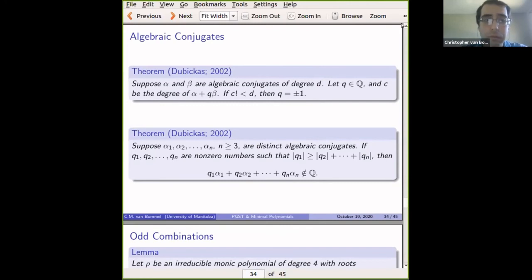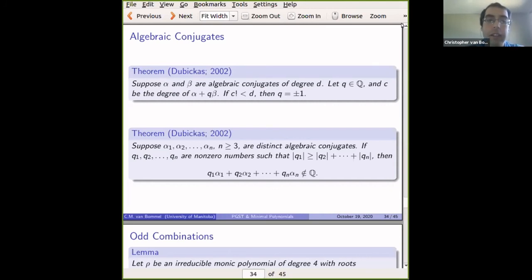So I was looking at a paper of Devicus, and a couple of results that I'll be using is if you have two algebraic conjugates and you want some combination of them to be rational, or have low degree in general, then essentially you have to either add them or subtract them. You can't have more varied combinations of the two of them.